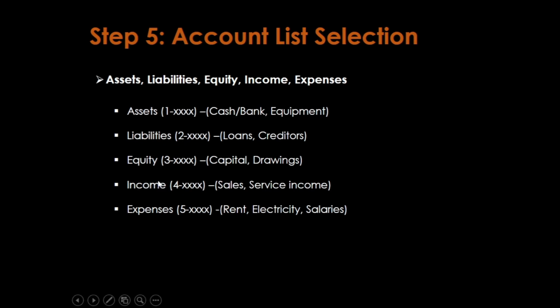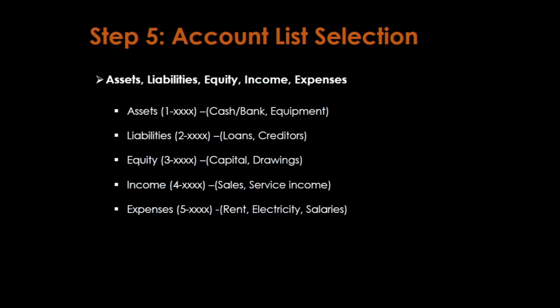Definitely we can add our capital and drawings with this part. අපේ ප්‍රාග්ධනය සහ අපේ හිමිකම් සියලුම එක අපිට කියන්න පුළුවන් ජංගම සහ ජංගම නොවන අපේ equities ඔක්කොම අපිට include කරන්න පුළුවන් මෙතනදී. Right, income, sales and service income, all of them we can record under the income category as well.